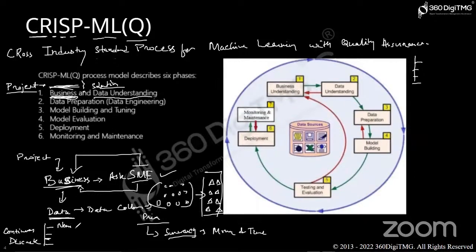nominal data. Nominal data are those data which don't have any ranking. So we can say they are all of the same rank. Like if we consider color data: color red, color green, color blue.